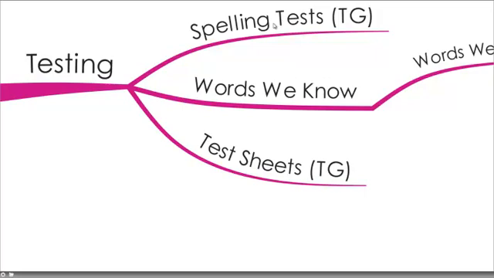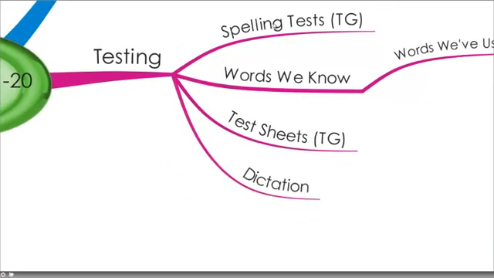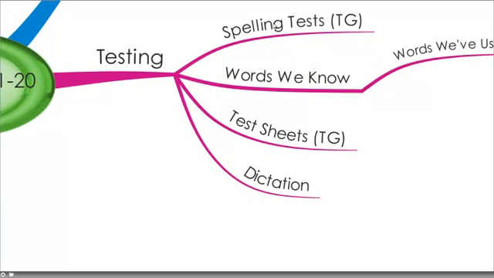Now, another great way to test students, one of the very best indeed, is dictation. Remember we talked about this when discussing Readers 1 through to 10. With dictation, you take one or two pages from any reader and test the students on it. In this way, you really find out whether students can write well, not just read, because sometimes students are good at reading but not good at writing.